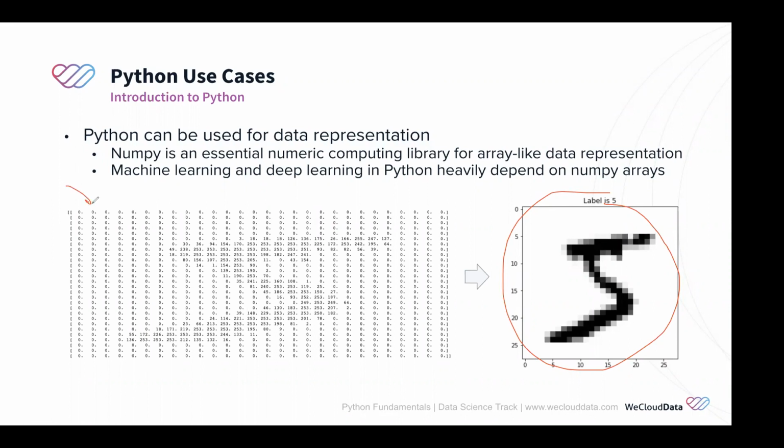Okay, on the left-hand side, that is the Python data structure, which is a NumPy array, and this is a two-dimensional NumPy array. So you have the x-axis and you have the y-axis, right? This looks like a 5 to me, but I think it could be 3 as well, right? So when we turn that into a NumPy array, it becomes a 28 by 28 two-dimensional array.